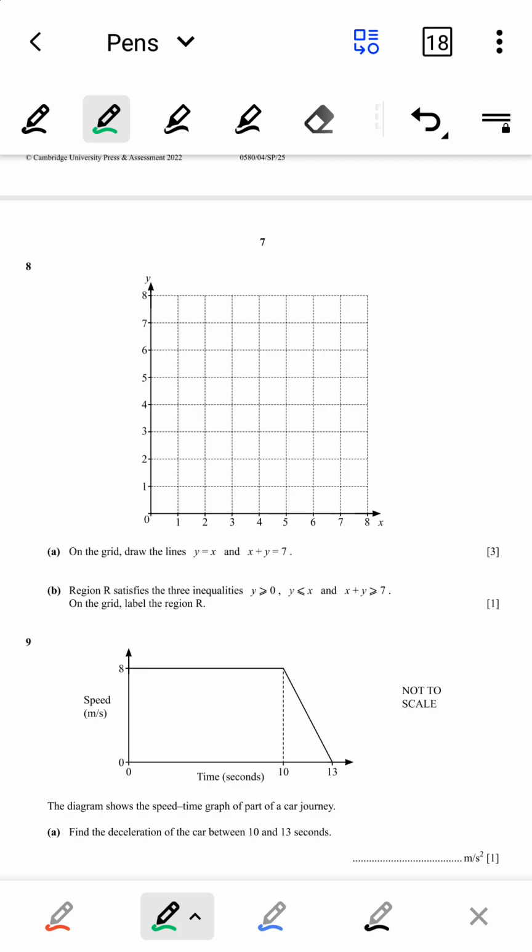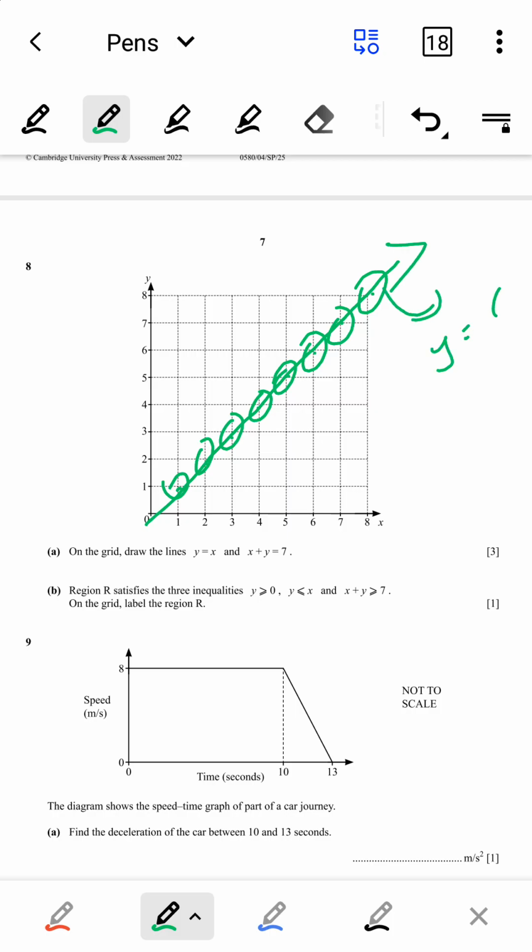See, both are the same, meaning you will get the same coordinates: 0 means 0, 1 means 1. So like that you will get 1, 1, 2, 2. You will get all the points like this. This is y equal to x.